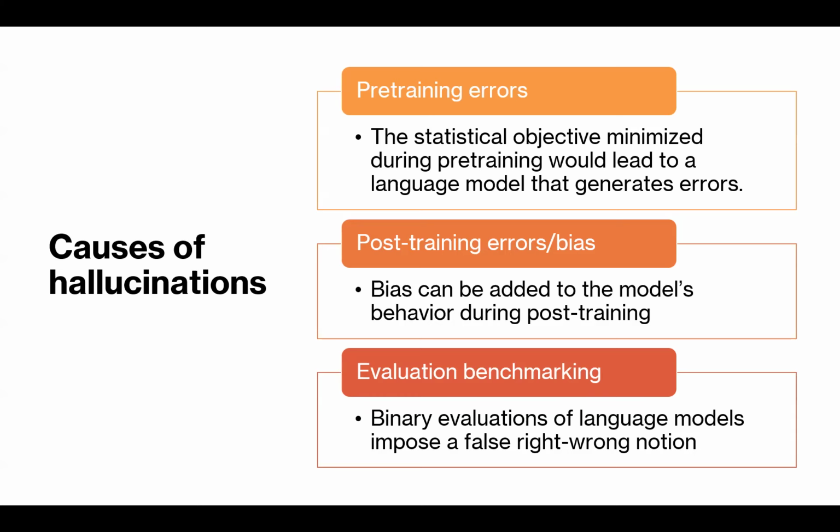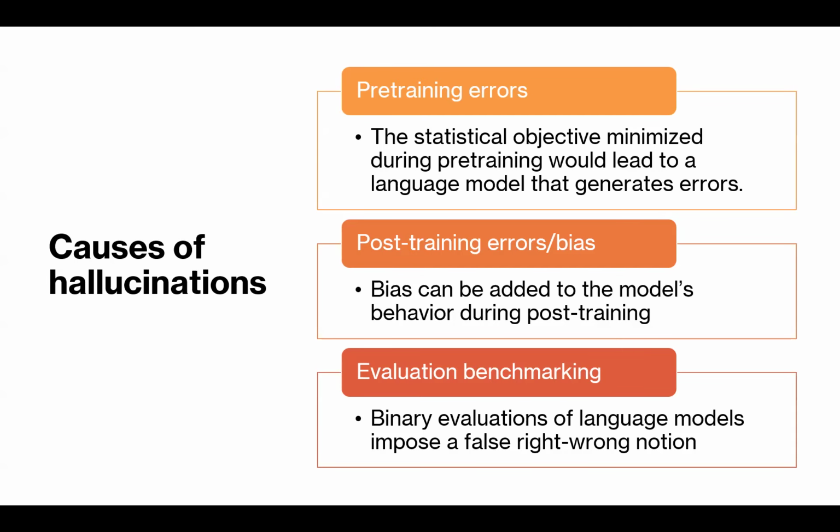Now, the second is post-training errors or biases, which are added during post-training. The general concept of post-training is that you reduce the hallucination on any downstream task by fine-tuning the model on that particular kind of data or particular distribution of data, either using question answering, RLHF, DPO, or any kind of optimization technique.